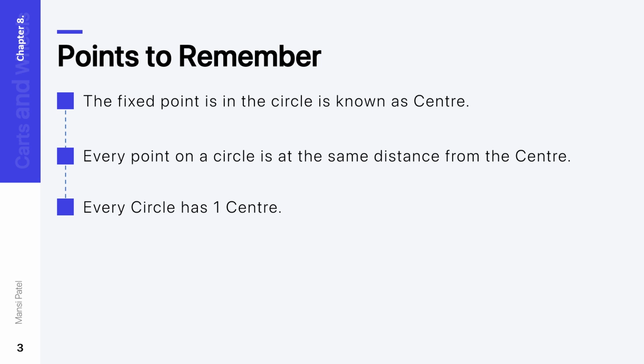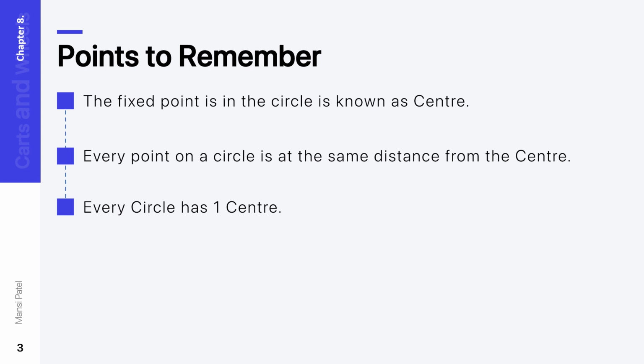If there are two circles having only one common center, then they are known as concentric circles. But you have to remember that every circle has only one center. If there is one circle, then one center.